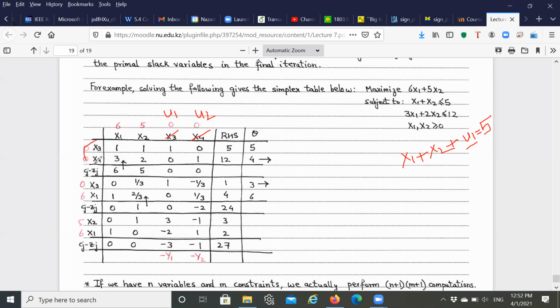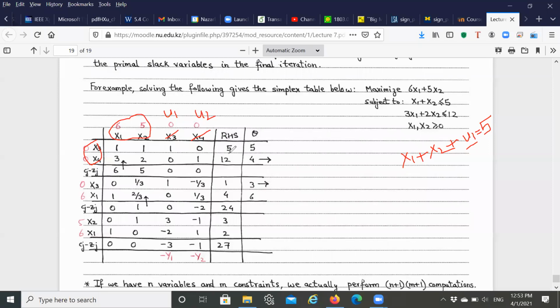I'm sorry, this would be your non-basic variables, and this would be your basic variables. Then you fill in this table. So you had x1, 1, 0, 3, 2, 0, 1, and the next one was 0. And the right-hand side would be 5 and 12.